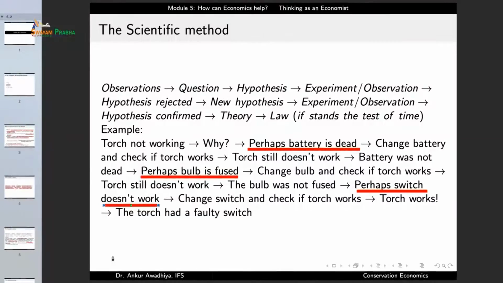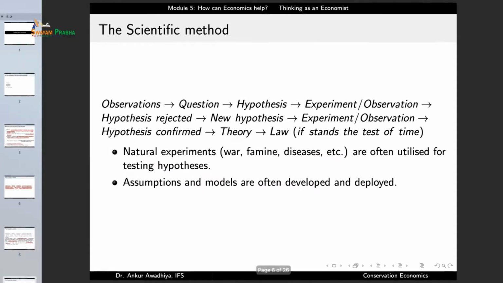And all of these questions are understood through the scientific method. And if any of these theories stands the test of time, then we say that we have come up with a law of economics. So, if you wanted to understand how an economist thinks, it is important to know the scientific principle and to deploy scientific principle in different circumstances.